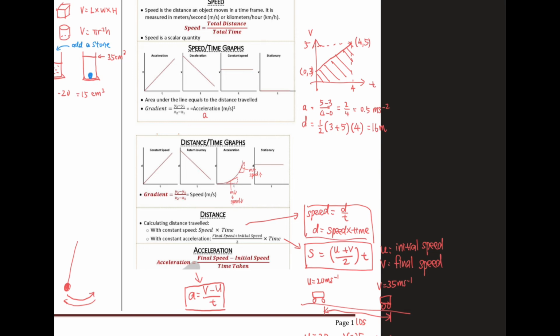Let's say, sir, we still have acceleration. Can we use either s equals to (u plus v) over 2 times t, or a equals to (v minus u) divided by t? We can use either one, right?